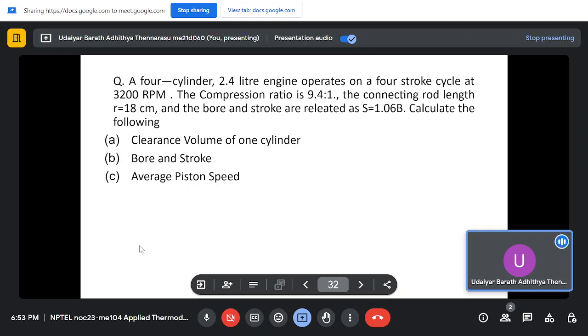Again, they have given the compression ratio as 9.4. The connecting rod length is 18 centimeter, and the bore and stroke are related as S equals 1.06 B. So calculate the clearance volume of one cylinder, bore and stroke, and average piston speed. That's what we have been asked to calculate.